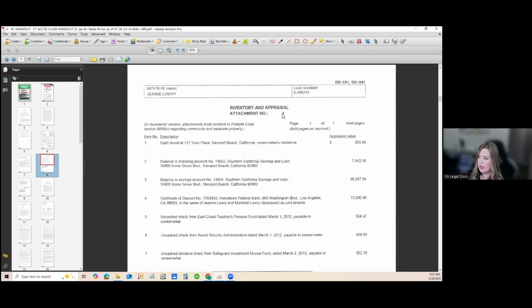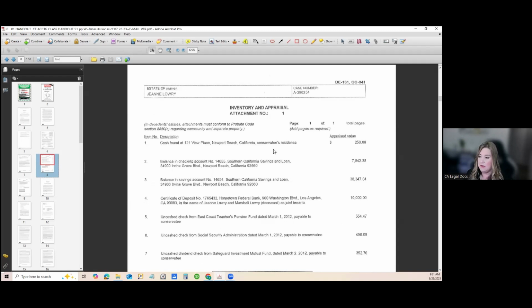So we have attachment 1. This is only going to be page 1 of 1, and I'm going to give you examples of items that would be put on attachment 1. Again, this is an example for a conservatorship.